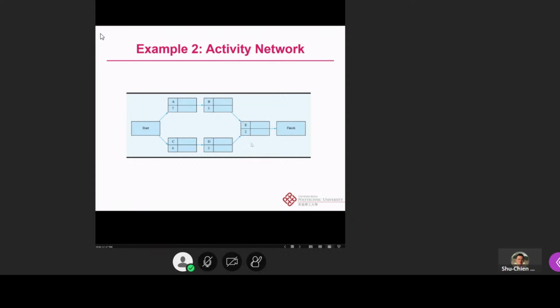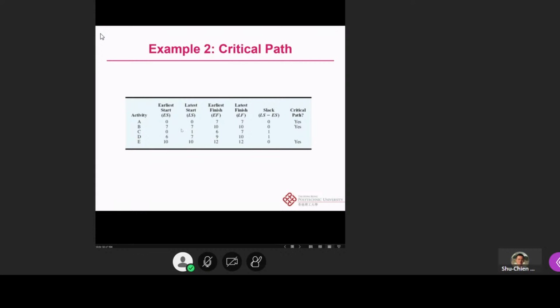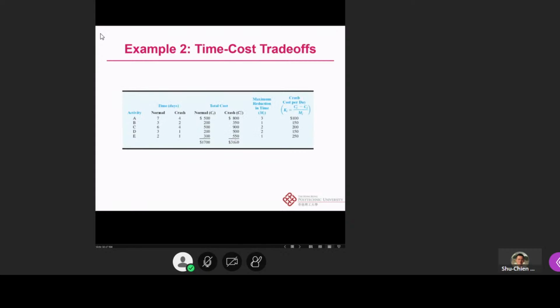So we just draw the network based on that. You will find the early start time, late start time, early finish time, and late finish time for each activity. Then we find that the critical path is ABE. If we have more information for the time-cost trade-off, we have a normal cost and crash cost, and then we also identify the maximum reduction in time.